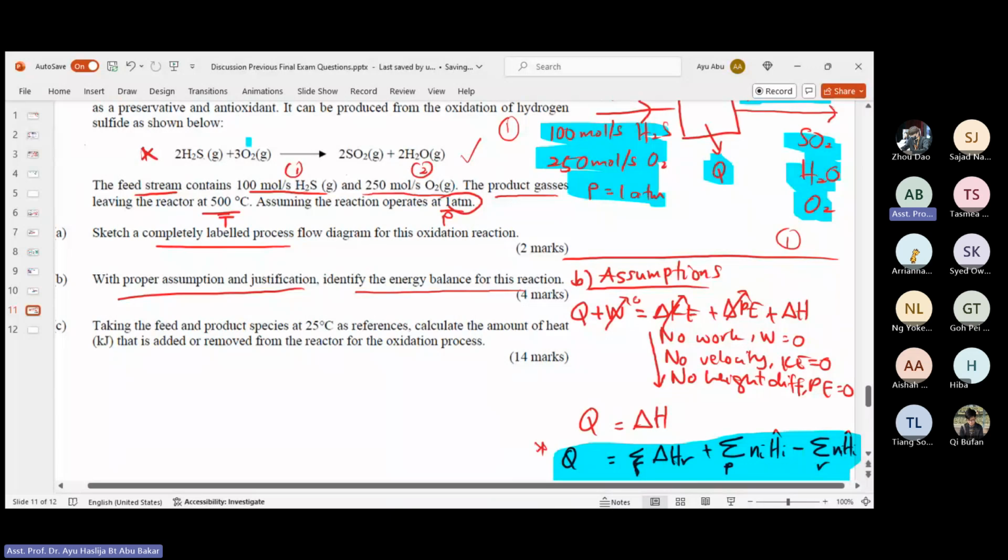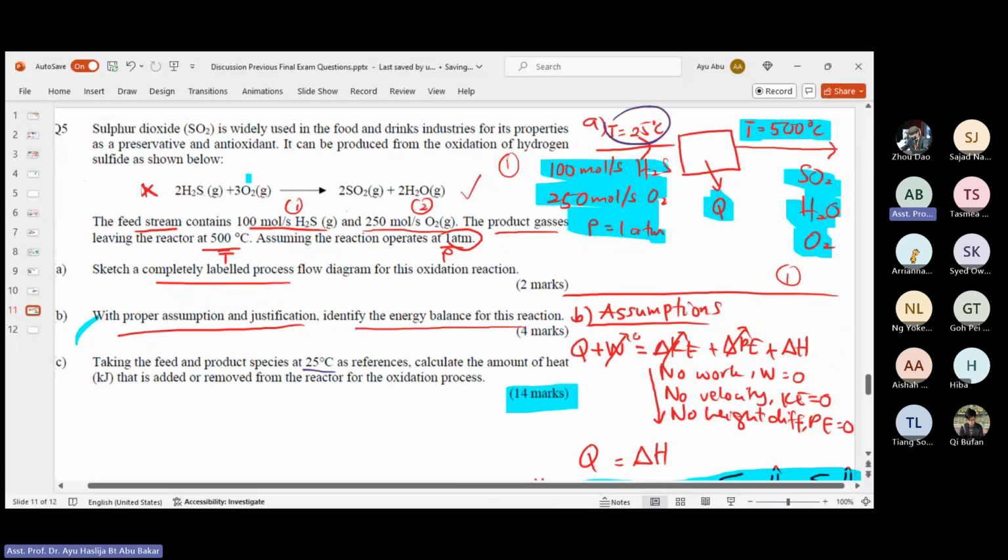Okay, now after you get the energy balance correct, then only we can proceed to part C, which here you see is 14 marks. Taking the feed and product species at T 25 degrees C as reference, as what we stated earlier, calculate the amount of heat, that is the Q, that is added or removed from the reactor for the oxidation process.